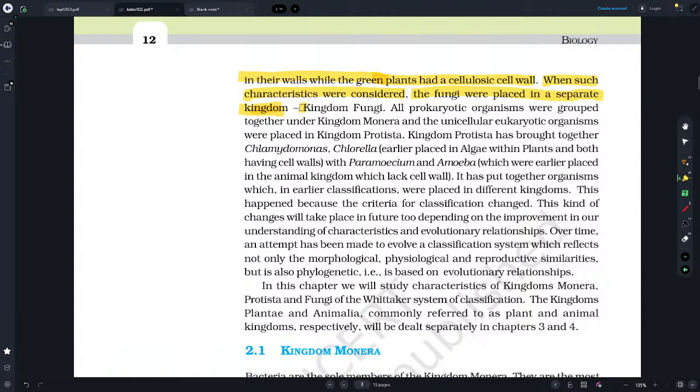This is what we call septate, and here it is not multinucleate, but each cell has only one nucleus, though septae are there.